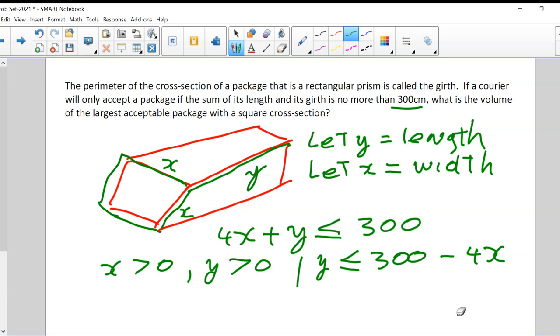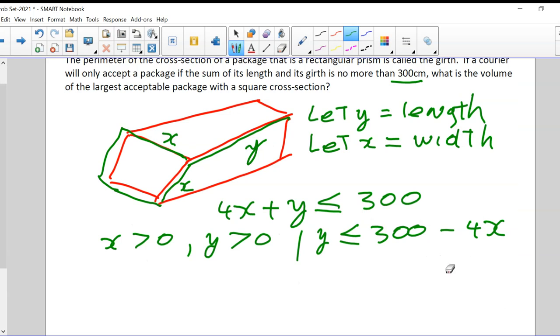And it's not that it's always democracy when it comes to math. Sometimes some things are just right, and whether you're in the minority or not, that's not the issue. But I'm going to have to agree with what people are saying. It is x squared times y. So let's write our volume equation down. All right. Our volume is x squared y.